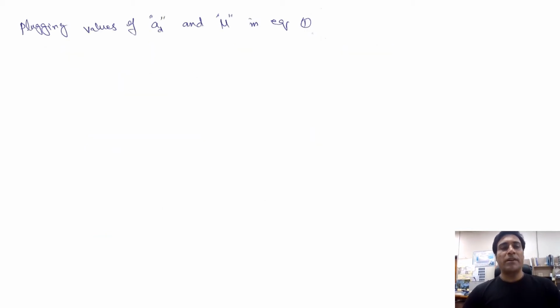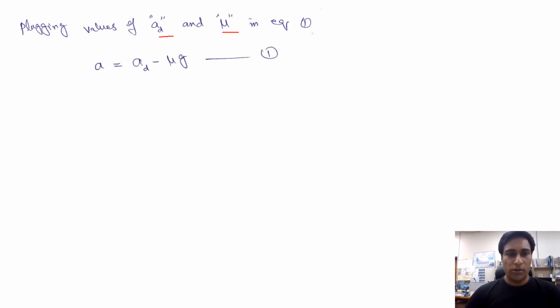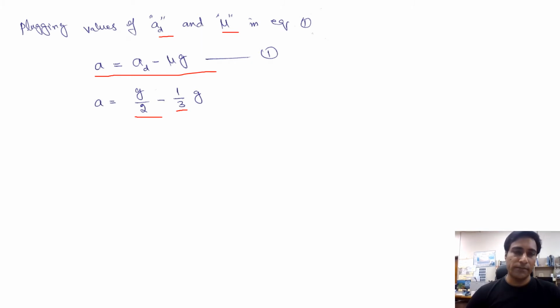Now we will plug the values of the deceleration a_d and mu into equation 1. So by putting the values, our equation will be a is equal to g/2 minus 1/3 g.